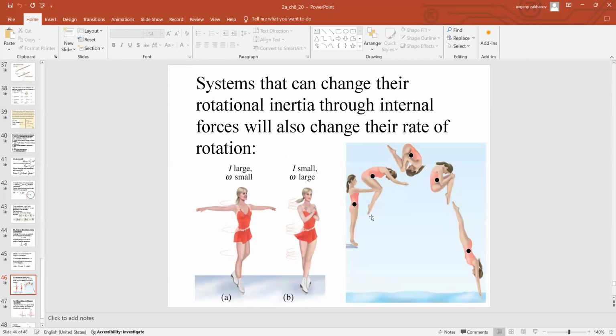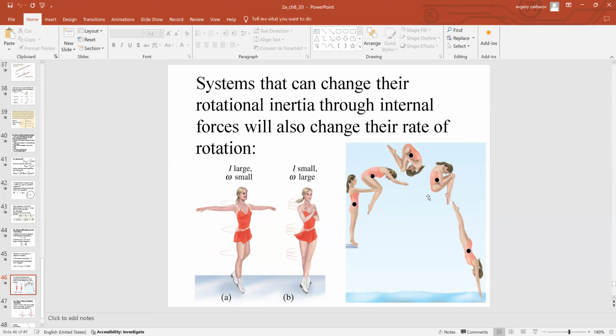Same thing with the diving. See how hands are stretched out, so a lot of mass is away from the axis of rotation, and then during the rotation process, the diver groups her body and tries to create a setup where everything is really close to the axis of rotation, and she starts spinning like crazy.